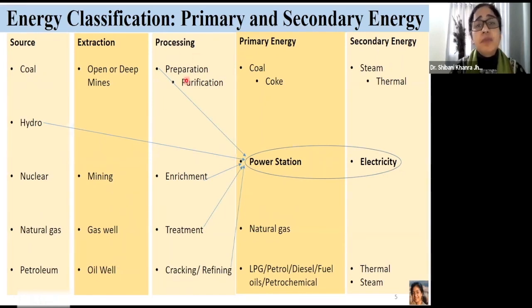And then it goes to the further processing unit, and we have different forms of processing output like enrichment, treatment, cracking, refining for petroleum, for example, which lead us to primary energy sources in the form of coal and coke from the coal. So after preparation, coal is obtained, and then purification gives rise to coke, and so on.